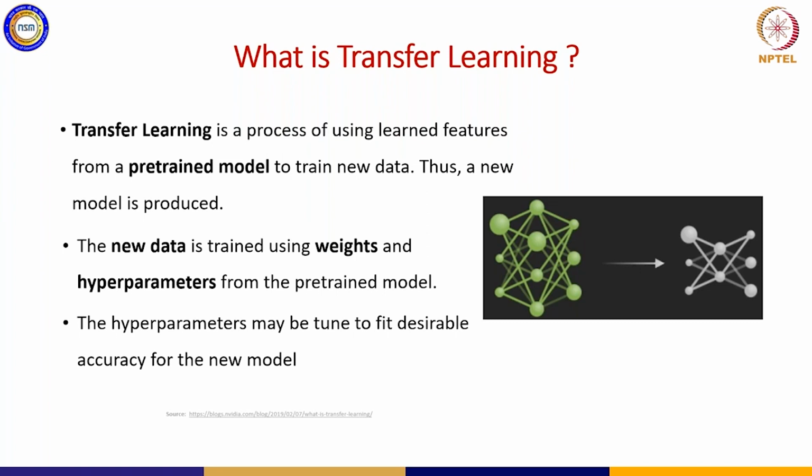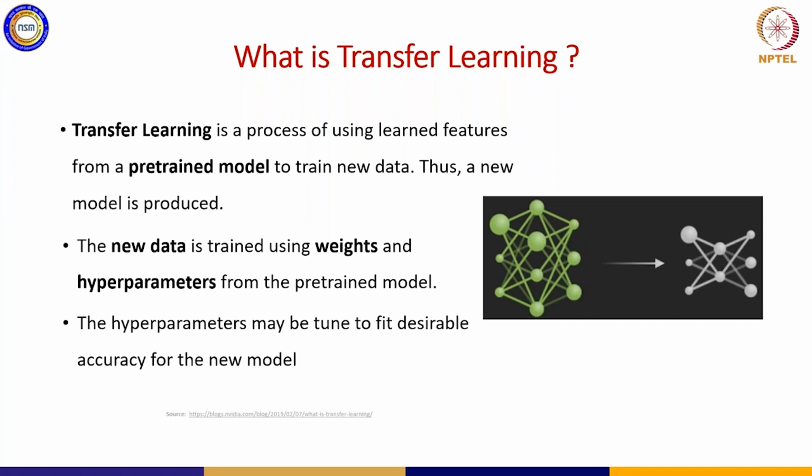So first of all, we want to know what we mean by transfer learning. Transfer learning is a process where you have your own new data and there is an existing pre-trained model which you can use to train on your new data.